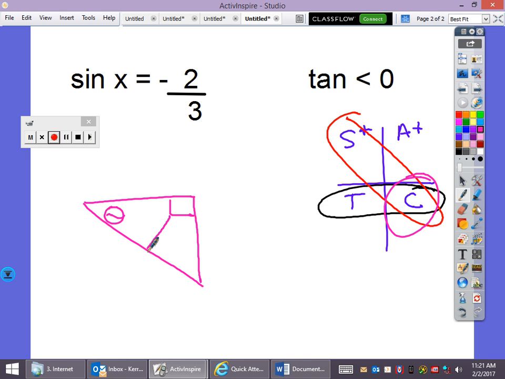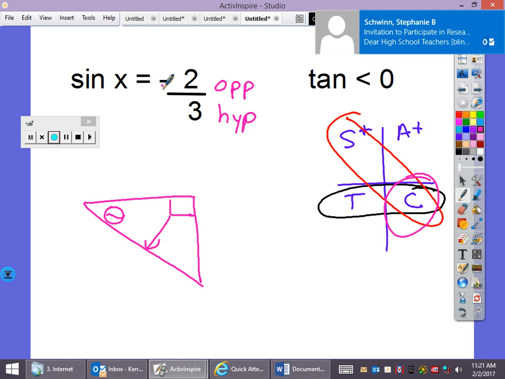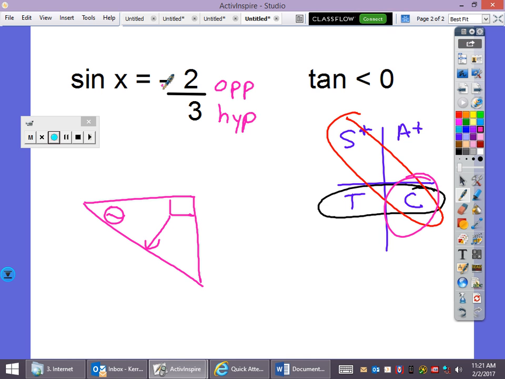Okay, C is always across from the right angle. A and B meet at the corner. Sine is opposite over hypotenuse, and we don't use the negative. The negative is simply for direction. What we do is we go ahead and label opposite as 2, and the hypotenuse as 3.